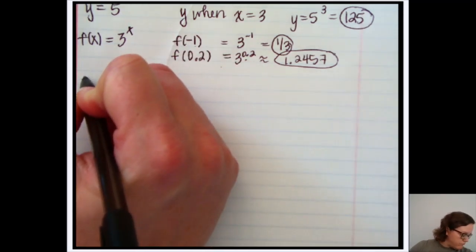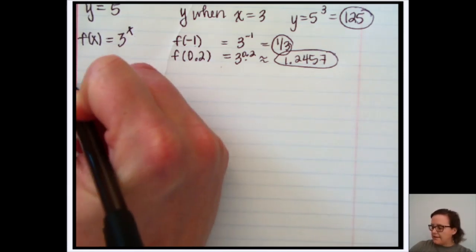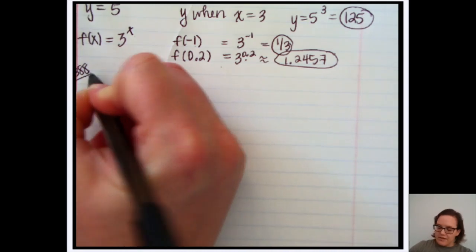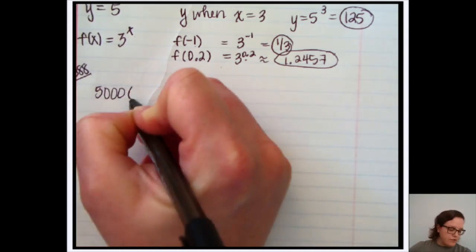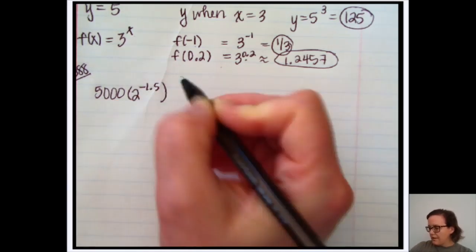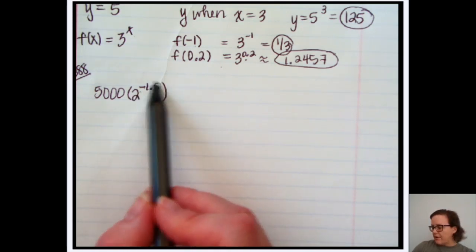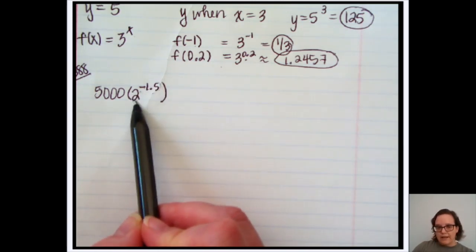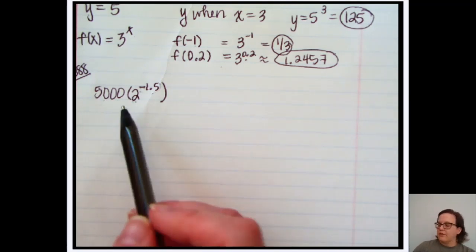Okay, so let's see. Your book on page 388, if you wanted to see a few examples, they have something like this: 5,000 times 2 to the negative 1.5. Okay, this is an exponential. It has an exponent, it has a base that's not 1, and it's bigger than 0. And then we just have something multiplied times it. So this is still exponential.